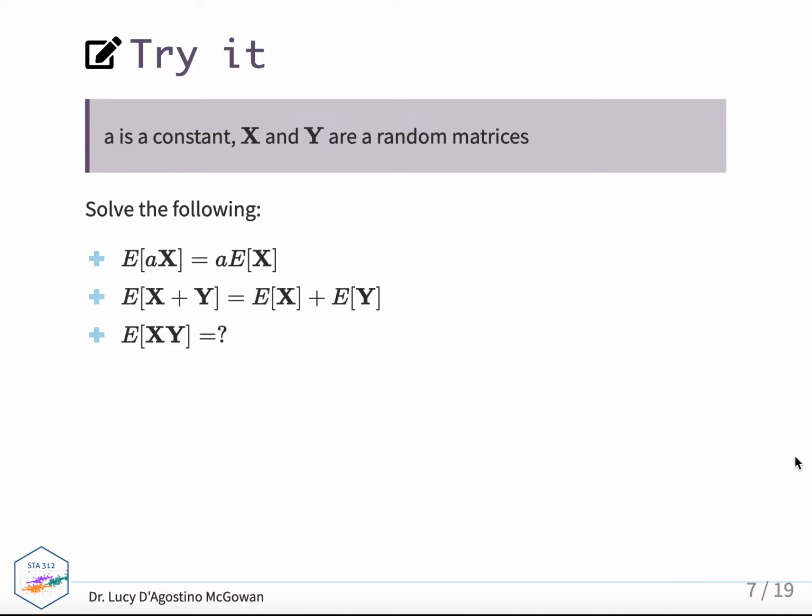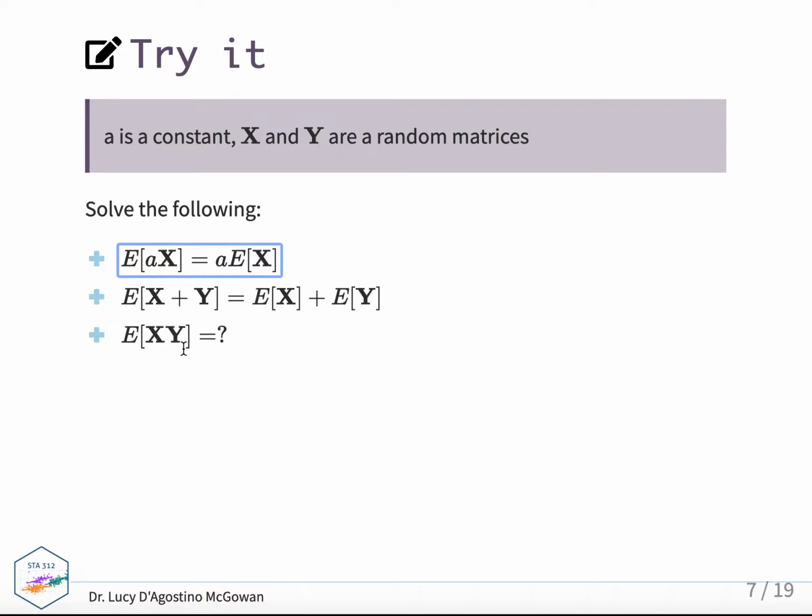All right, so the expectation of a times X, if a is a constant, regardless of if it's a matrix, so if it's just a constant number or a constant matrix, we can pull it out to the front like this. So we have a times the expectation of X. Similarly, if X and Y are random matrices, we can still pull the expectation through, so we can turn the expectation of X plus Y into the expectation of X plus the expectation of Y. Now the expectation of X times Y, this was a trick question, but we actually cannot calculate this with just the information that I've given you.